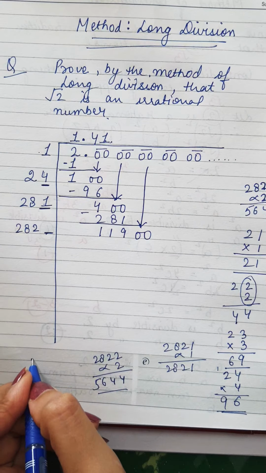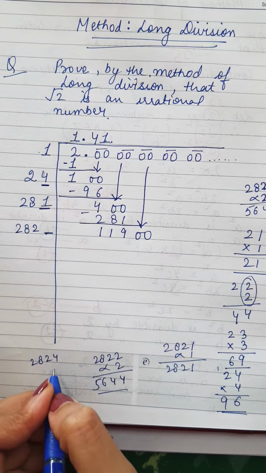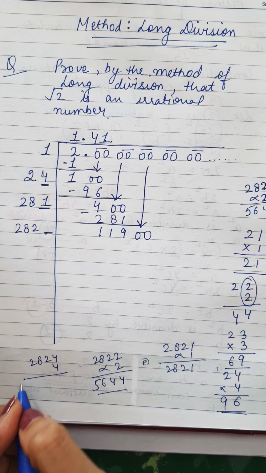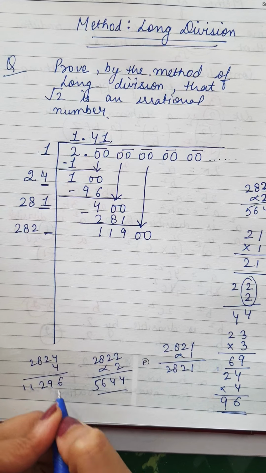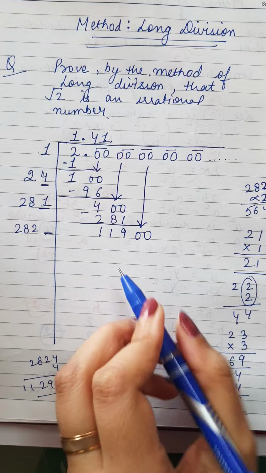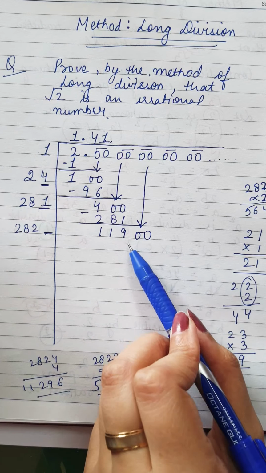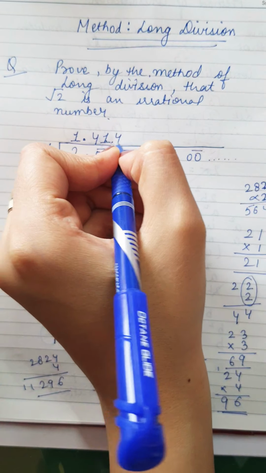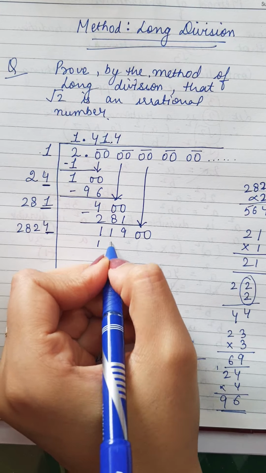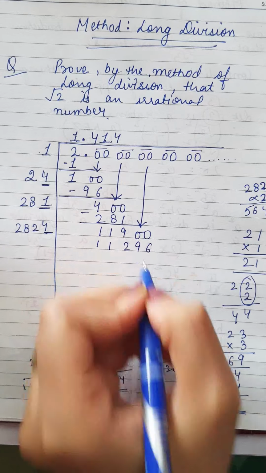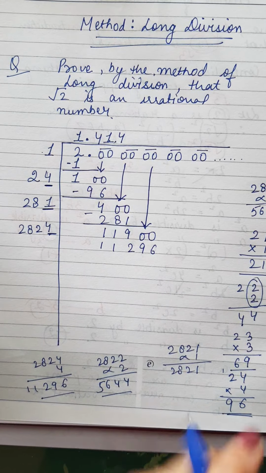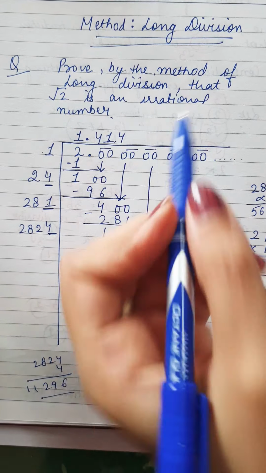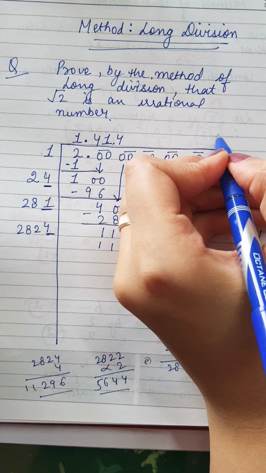Let us directly try with 2824 into 4. I will get 11296. You can multiply. Better fitted. So 4, 4, 11296. So this way I want you to go on at least till 6 places of decimal.